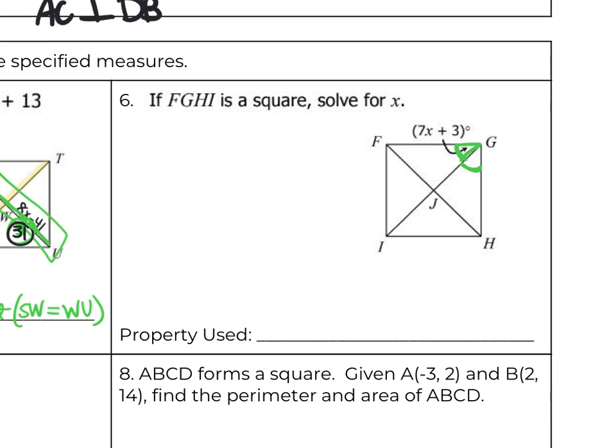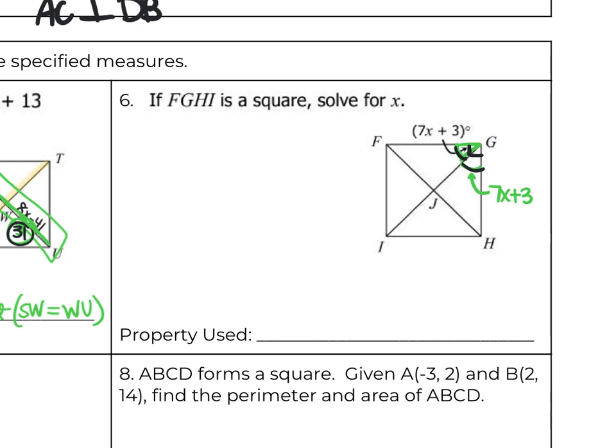There are really a few ways you could do this, but I know that this corner angle is 90. So what I'm going to do is just copy this over onto here because those angles are bisected. This half is congruent to this half, but together they equal 90.